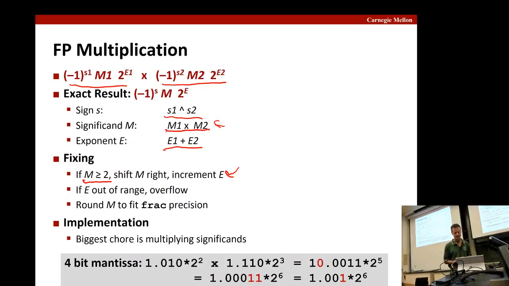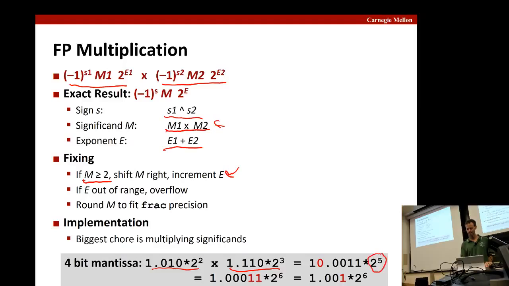So let's look at a quick example. If our original number looks like this, and we want to multiply by this, we've got 2 to the 2 and 2 to the 3, so we add those 2 exponents and get 2 to the 5.